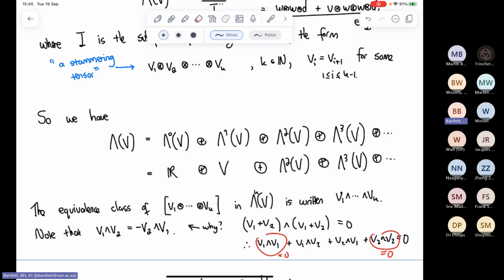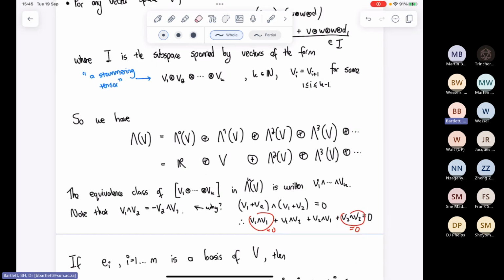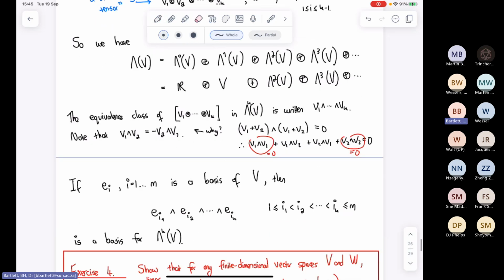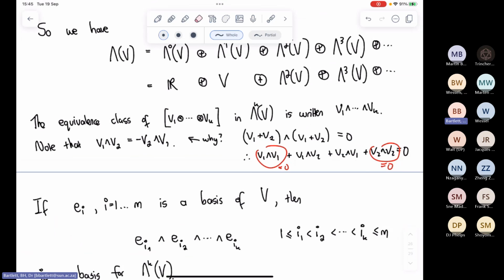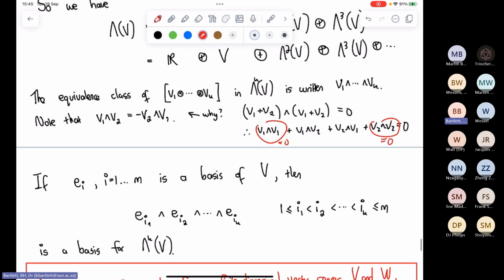Okay. So all of this is just a complicated way of saying that I want to be able to put vectors together in an antisymmetric way. So in summary, if I've got a basis for V, E1 up to Em, then how do I get a basis for the kth exterior algebra of a vector space? Well, what I do is I need to multiply them together from left to right in a way that I don't want to overcount them.